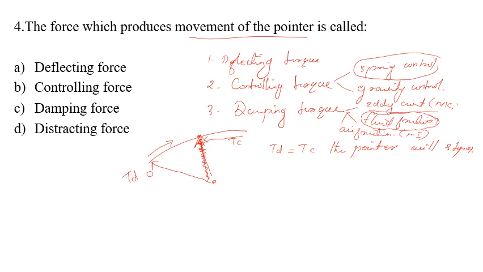Normally for moving iron instruments, we are using air friction damping, and for moving coil type instruments, we are using eddy current damping. So for this question, the force which produces movement of the pointer, the answer is option A. Deflecting torque is the torque which is needed to make a movement in the pointer.